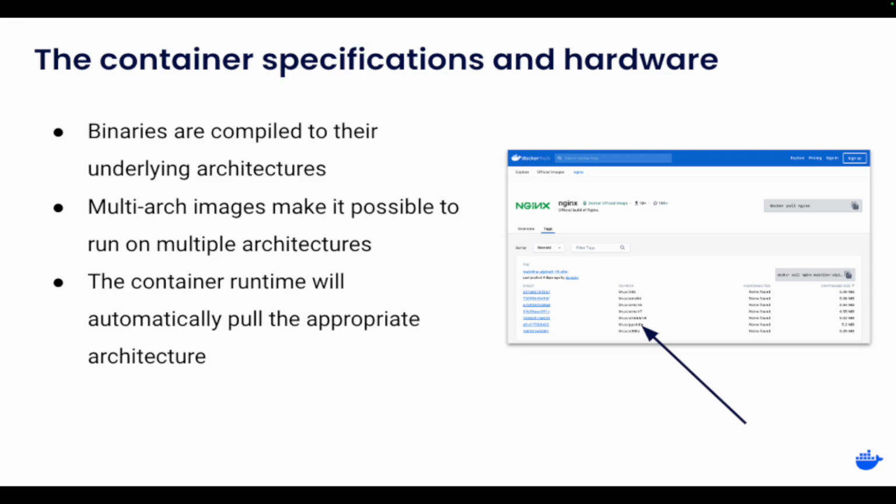Now, when you pull an image down to your particular machine, it's going to automatically understand which architecture you're pulling from and pull the correct image down so you can execute it without having to worry about this. But if you are building images, you are going to have to worry about which architecture you're actually going to be executing that image you're building on. And we'll go into more detail on that further in the presentation.